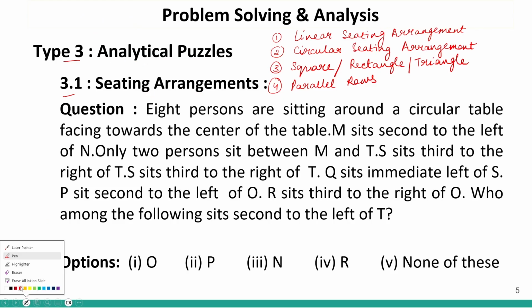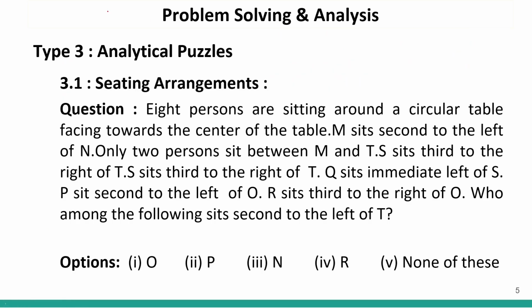So let us start with the first one, that is linear. Okay. So linear seating arrangement. This is the first type that we are discussing. What do you mean by linear seating arrangement? Linear seating arrangement basically means that everybody is sitting in a row, in one row. This is linear seating arrangement.